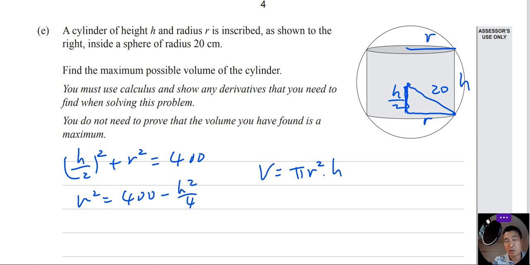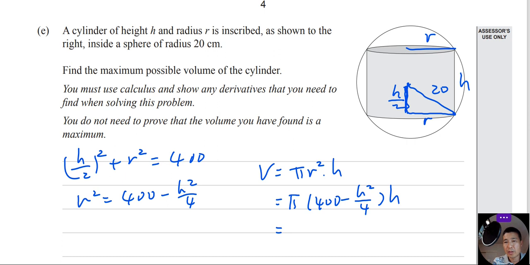So I can unify the variable, hence I can differentiate V, hence I can find the maximum. So V equals pi times 400 minus h squared over 4, times h.